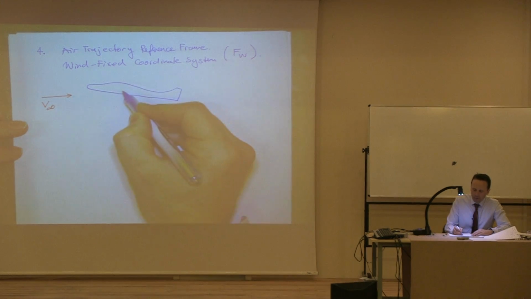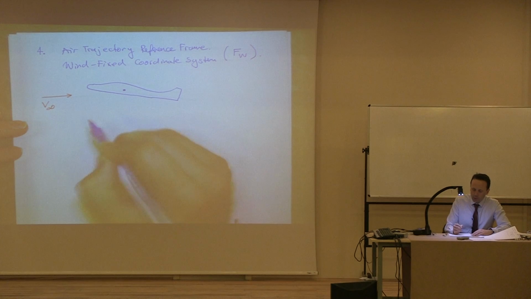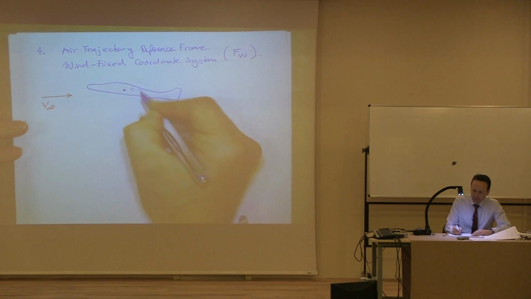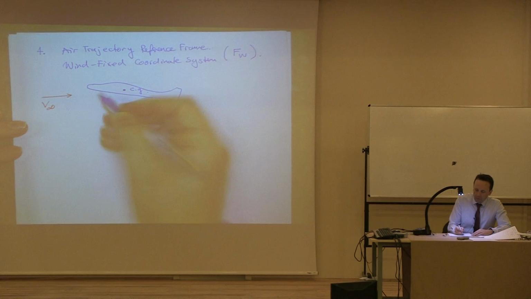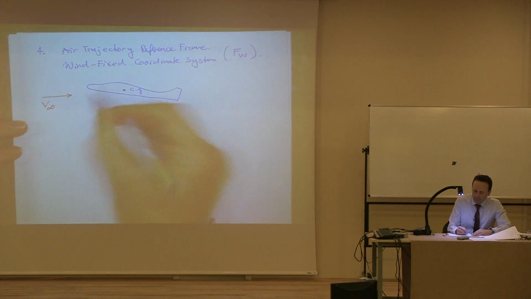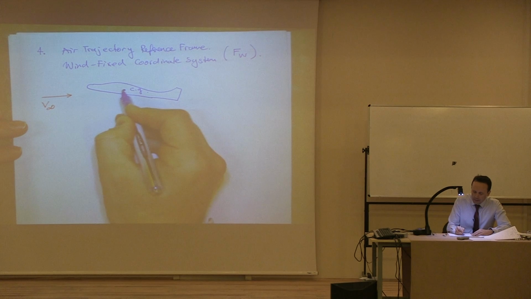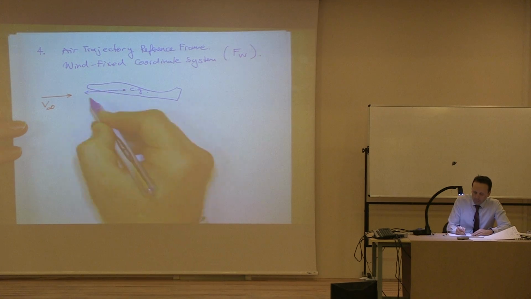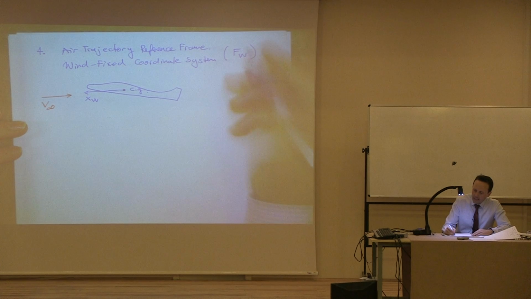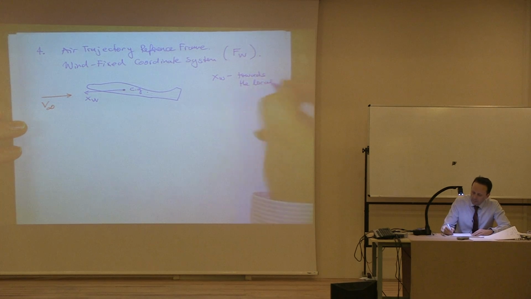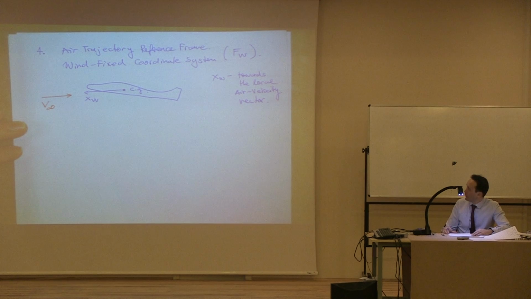This is how we do it. We again attach it at the CG, the center of gravity of the airplane. So XW, I mean the wind axis coordinate system, is pointing towards V infinity. Okay, so XW points towards the local air velocity vector.